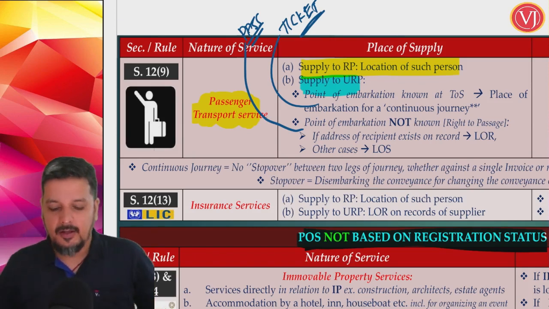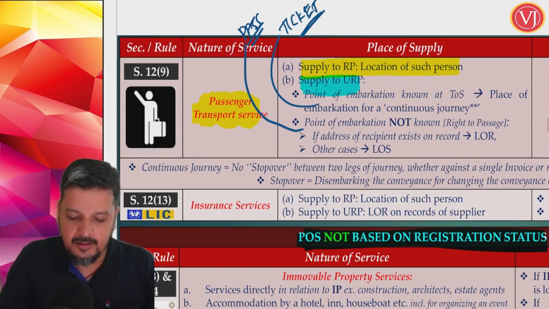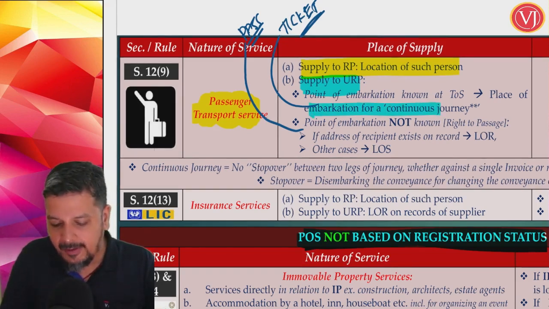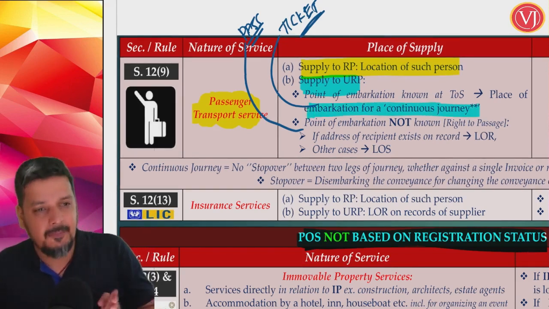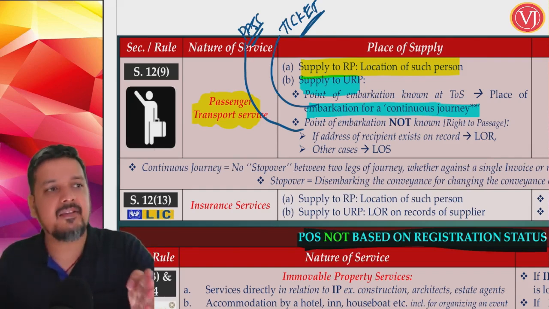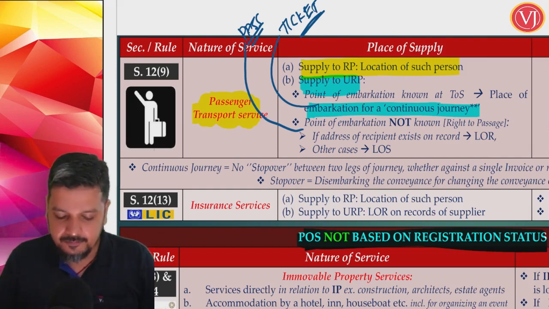Now, normal ticket B2C. For a normal ticket B2C, the place of supply is the place where the passenger embarks the conveyance, which means the passenger enters the conveyance for a continuous journey.